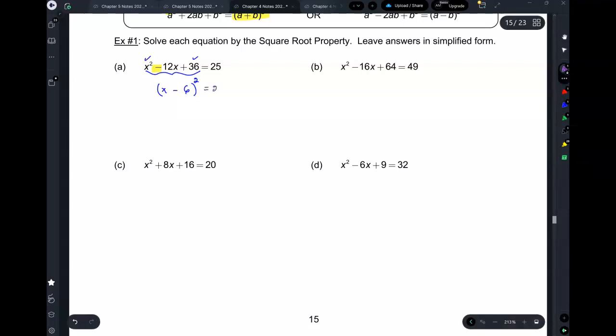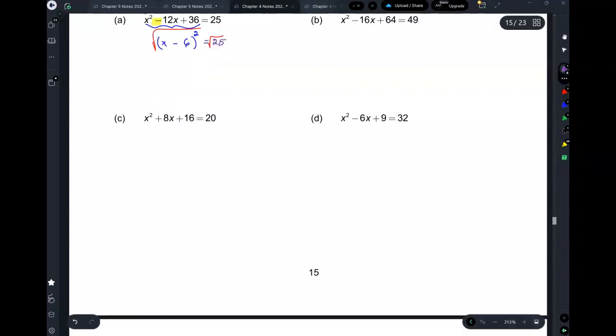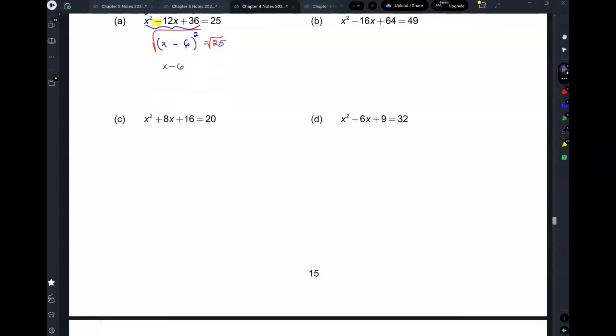Equals 25. Now how am I going to solve this? Take a square root of both sides. So x minus 6 is plus or minus 5. The square root of a square goes away, so I just have x minus 6, and root 25 is plus or minus 5.